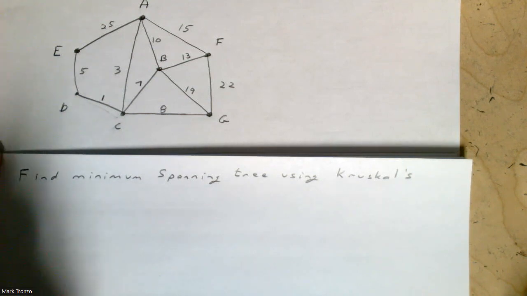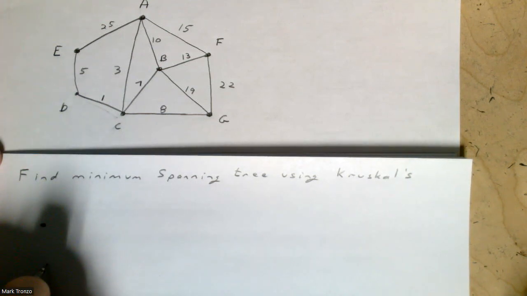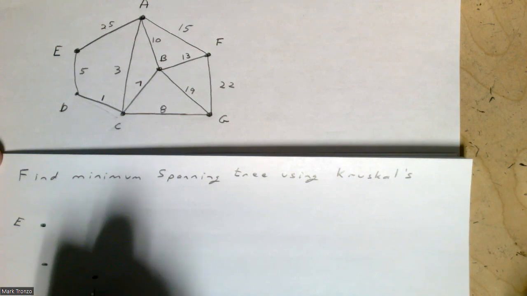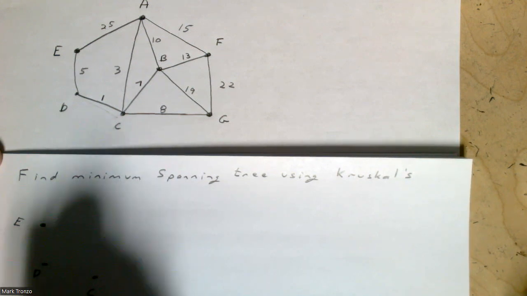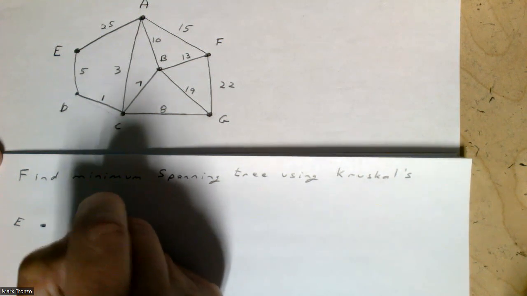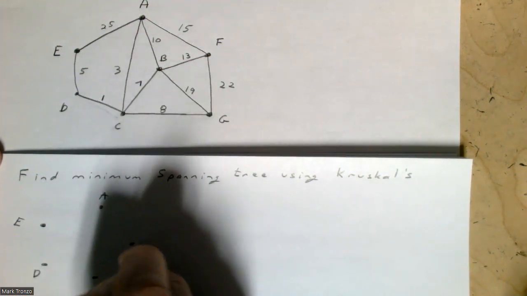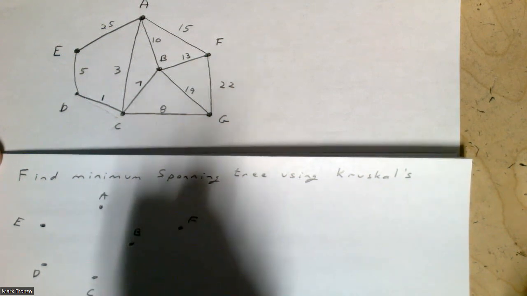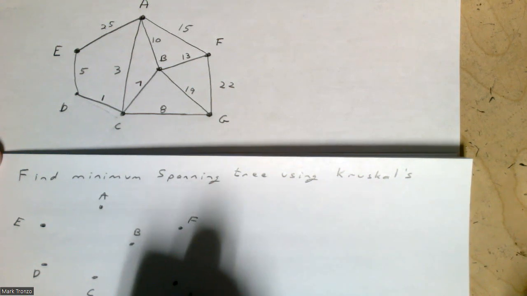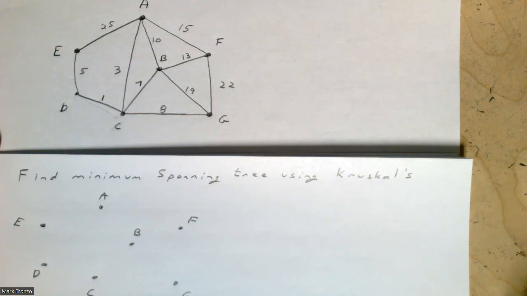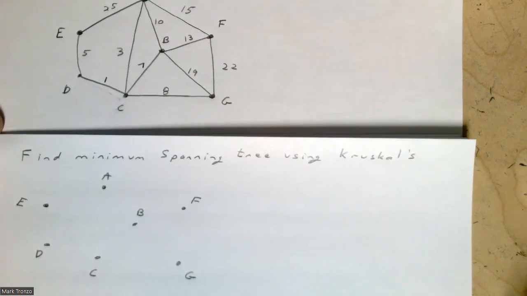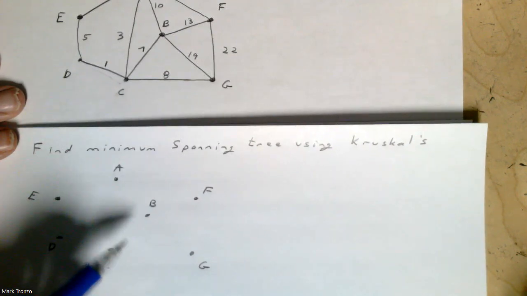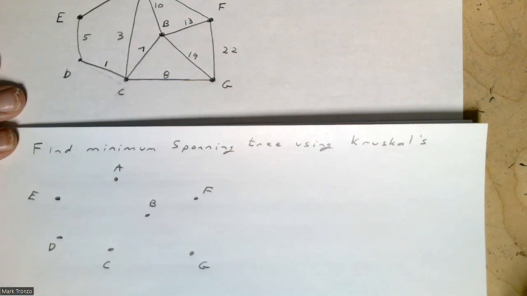There are several ways to do this. We'll maybe write down the vertices without the edges. So there are the vertices A, B, C, D, E, F, G without the edges connected.